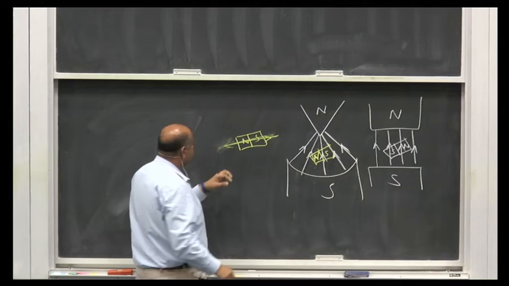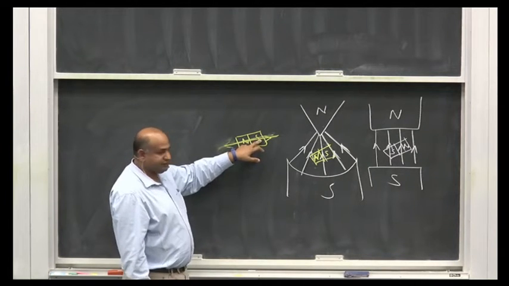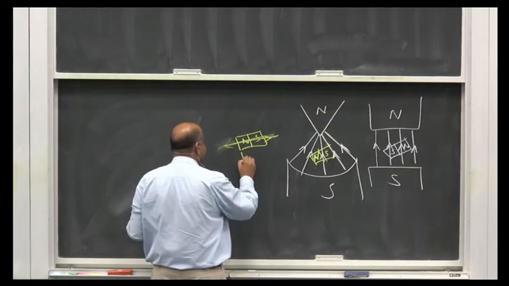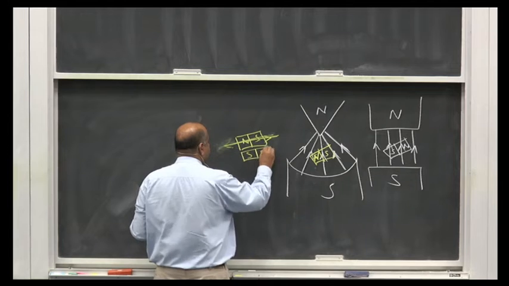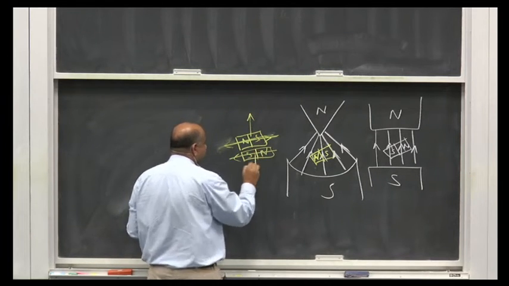So if the dipole moment, let's define it to be pointing from N to S. If it is like this, then it feels a force in this direction, and a dipole small magnet like this feels a force in this direction.